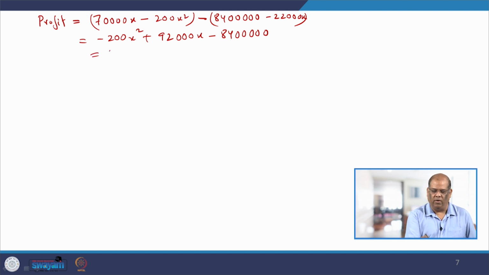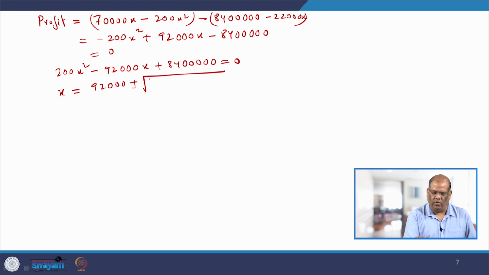Now, suppose I want to see for what value of x my profit is 0. You just put this equal to 0 and you solve the equation 200x square minus 92,000x plus 84,000,000 equal to 0. You can use any method. Straight away you can use the formula minus b plus minus root of b square minus 4ac divided by 2a.